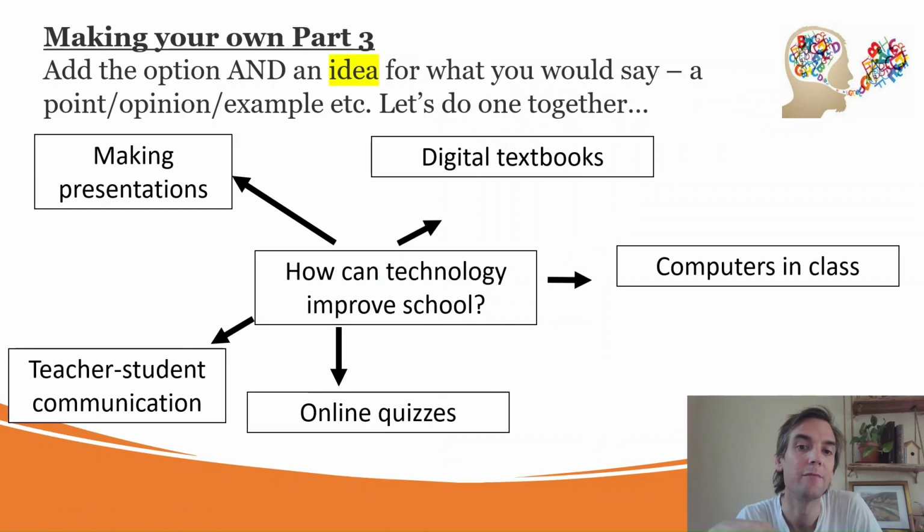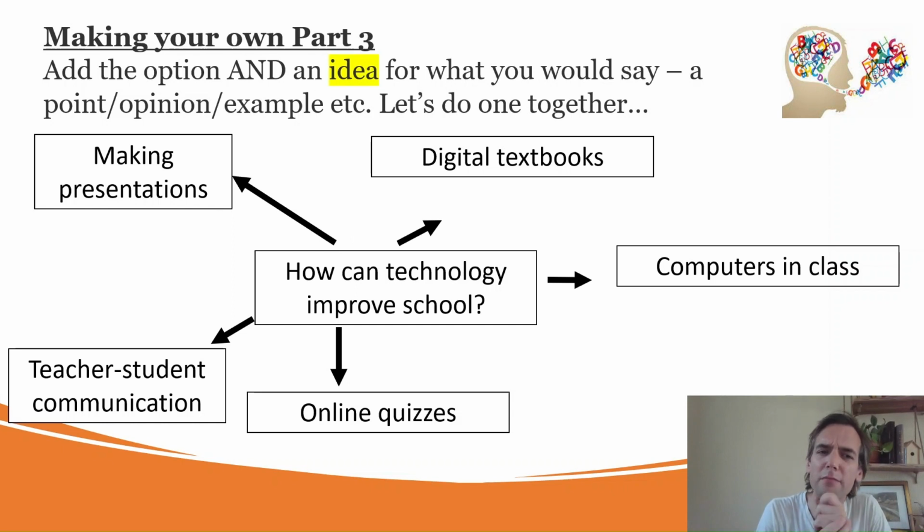For this, I'm thinking something like these options, which I prepared earlier. So this is what I think we'd probably be talking about, something like this. But why do I think that? That's the key, because when I said making presentations, I must have had some idea of what I could say about it, or else I wouldn't have said it. So I need to think about what I would say in the exam for this. Then I would use all my little phrases.